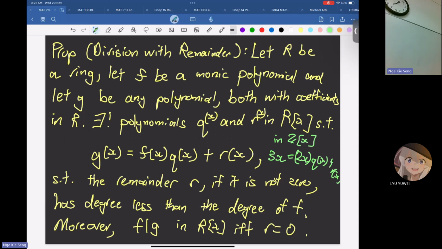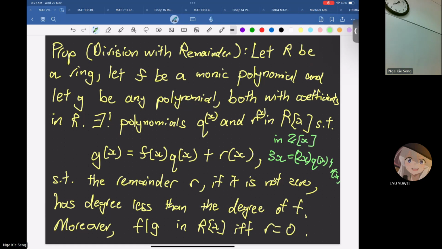If it is monic, I can multiply by any leading coefficient I want because I'm a ring, but I'm not a field, so I cannot always reduce my coefficient to 1. If I want this equation to be true, I need Q(x) to be 3 over 2 and R(x) to be 0, for example. But 3 over 2 is not in Z. Why not? Not every non-zero element is invertible.